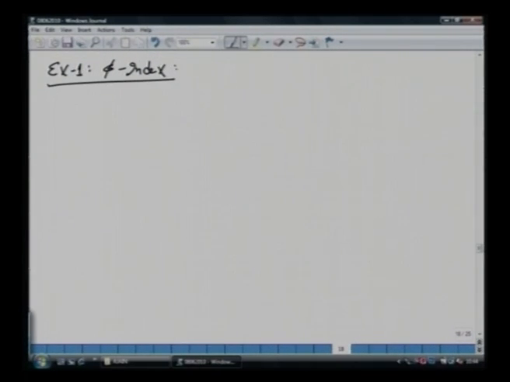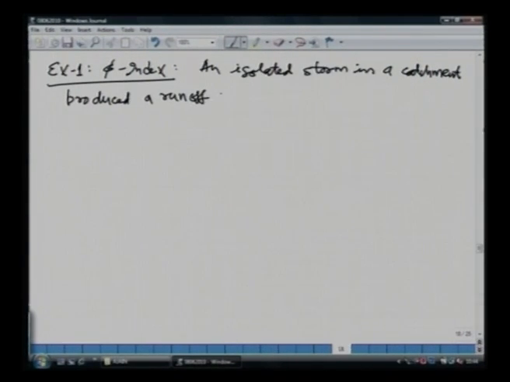The example goes like this: an isolated storm in a catchment produced a runoff of 3.5 centimeters.